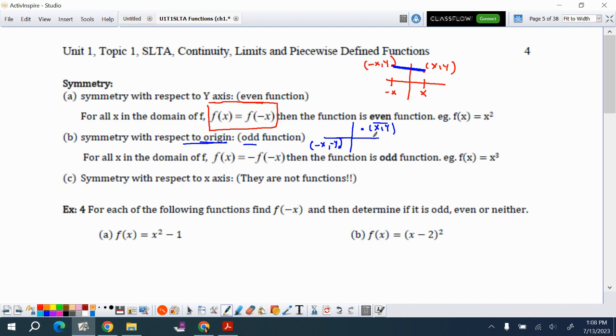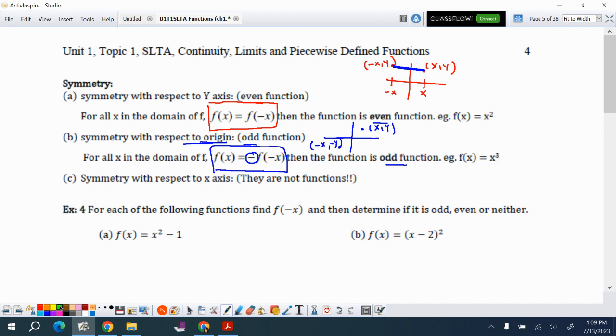You rotate 180 degrees, x becomes negative x, y becomes negative y. Algebraically, you replace x with negative x, the y value also changes sign, and that makes it an odd function. All the cubic functions are odd functions.